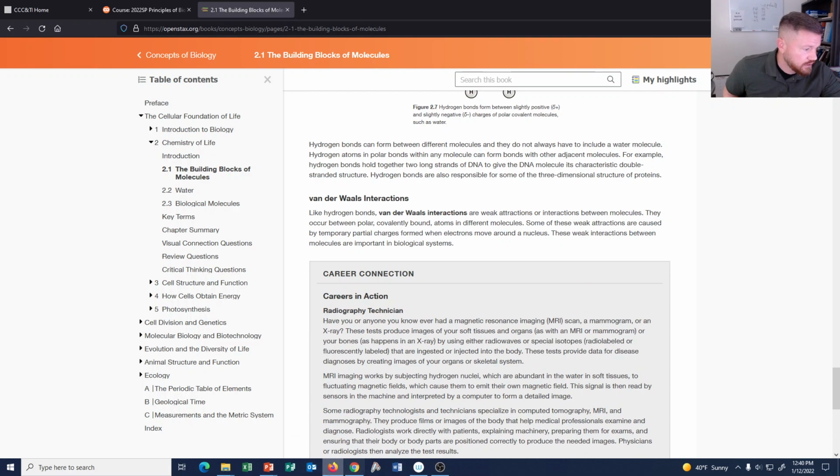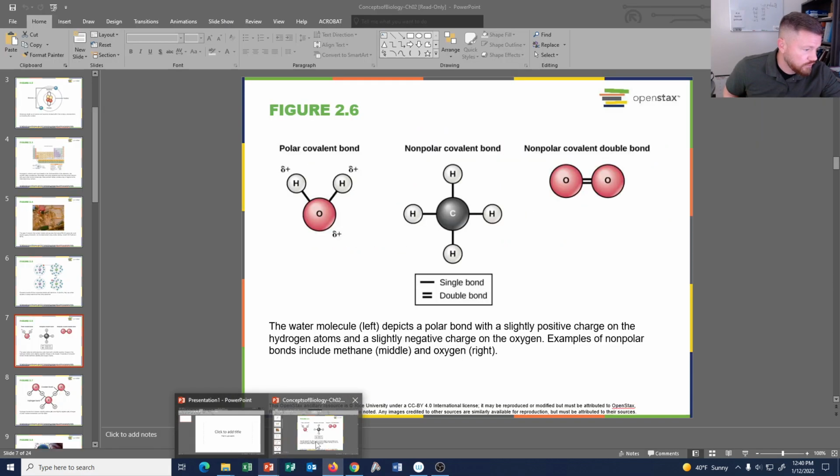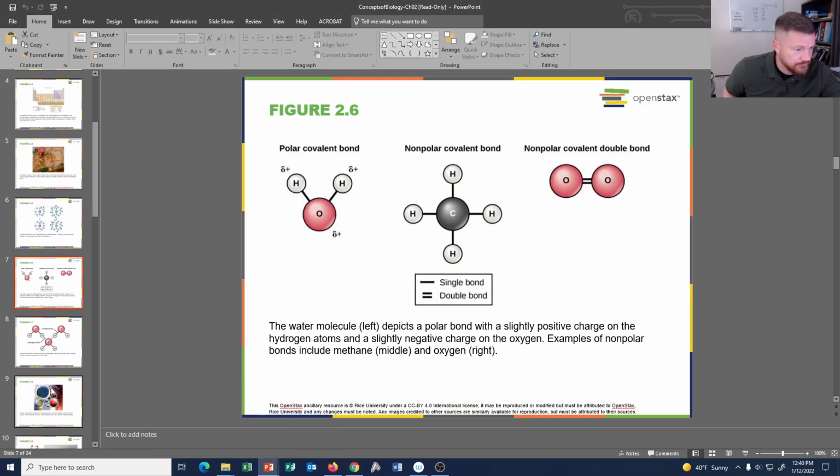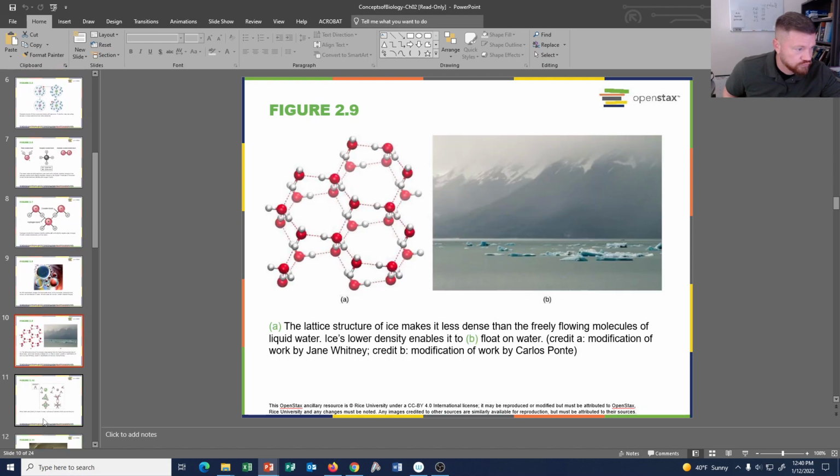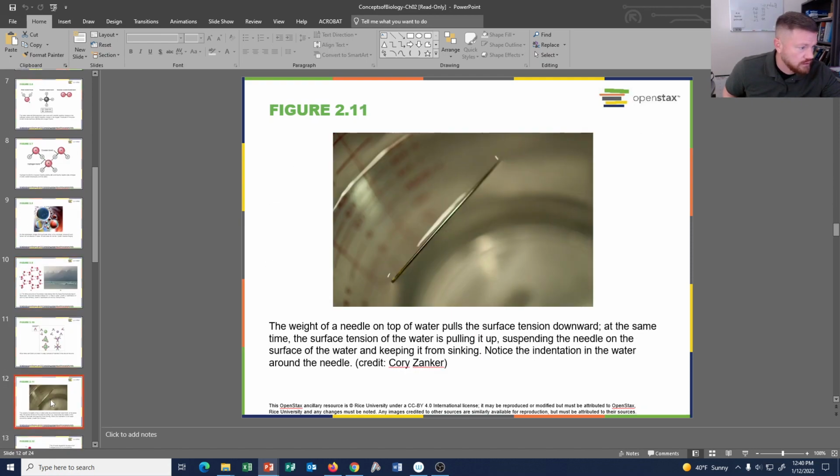You have seen the consequence of hydrogen bonds, whether you realize it or not. Here they're showing you that this needle is floating on top of the water. Or if you've ever seen those little water striders that can skip across the top of the water, or maybe you just pour pepper on top of water and see it float on the top.